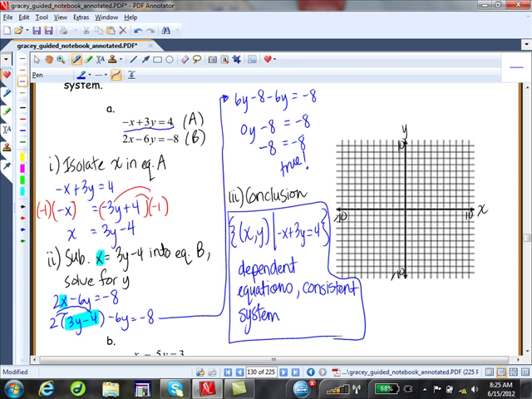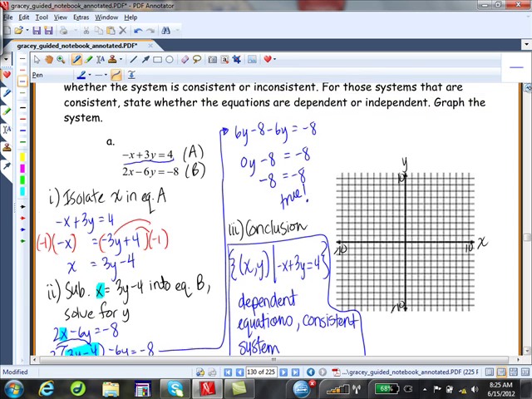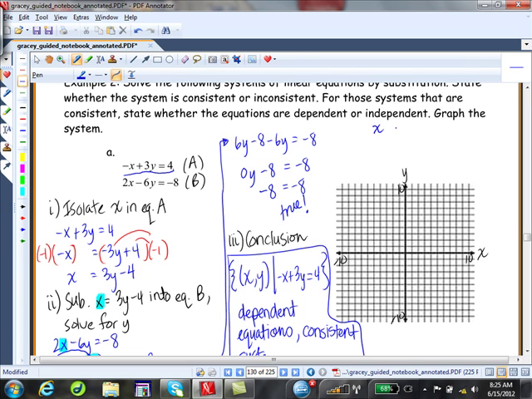So I'll do it over here for the blue line, x and y. If x is 0, y would be 4/3. And if y is 0, x is going to be -4. Okay. So 1, 2, 3, 4, and then 0, 4/3 will be about here.